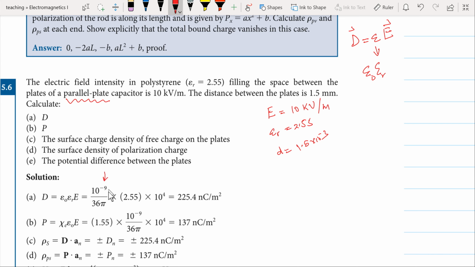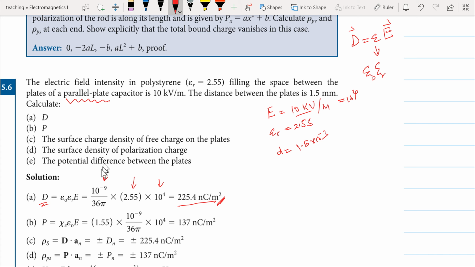This is epsilon naught, 10 power minus 9 over 36 pi, and this is our epsilon r, 2.55, and E is 10 power 4, since kilovolts becomes 10 power 4. We just do that multiplication and you end up with 225.4 nanocoulombs per meter square. So always remember that the electric flux density is given in coulombs per meter square.